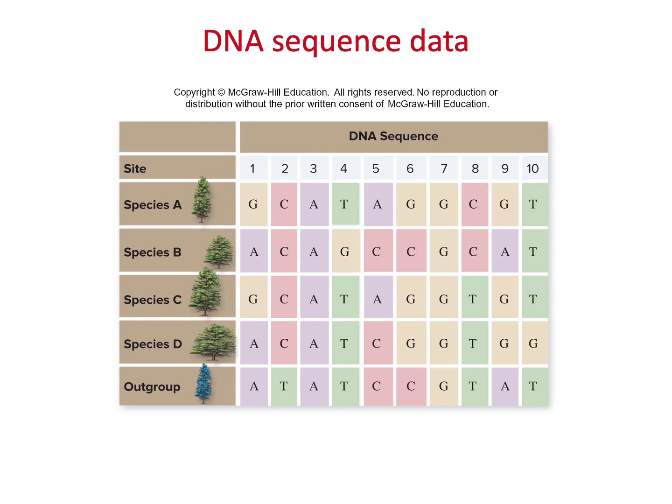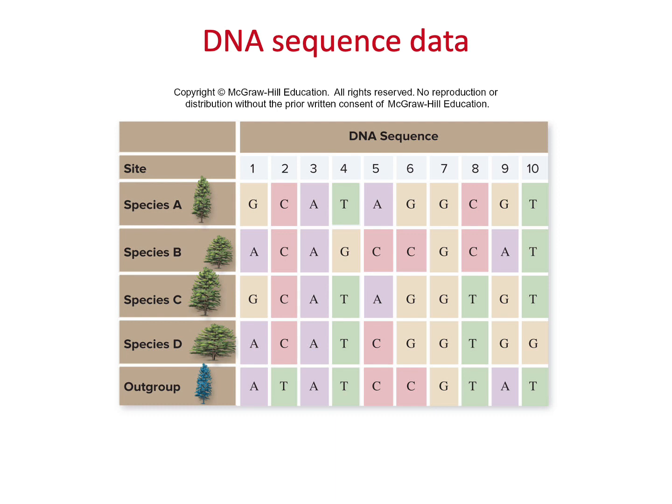So here is an example of DNA sequencing data. As you can see here, we are looking at 4 species of trees and an outgroup. You acquire all the DNA sequencing data for these species. You can select a specific gene that you are looking for and acquire all of the sequencing data, and they are organized just like the other morphological data, and the most parsimonious interpretation of the DNA sequencing data is used to develop the cladogram.